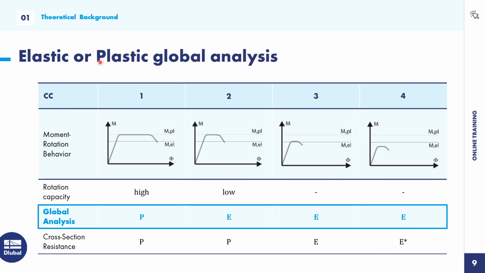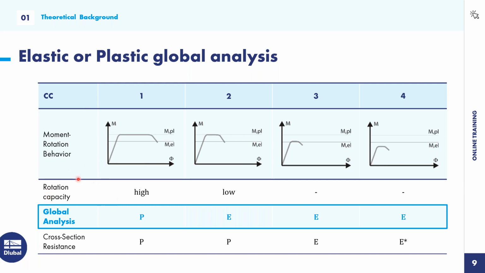Okay, then the next thing, elastic or plastic global analysis. This depends on the cross-section class you have. In general, we have 4 different cross-section classifications, 1 up to 4, and cross-section class 1 has one interesting characteristic.